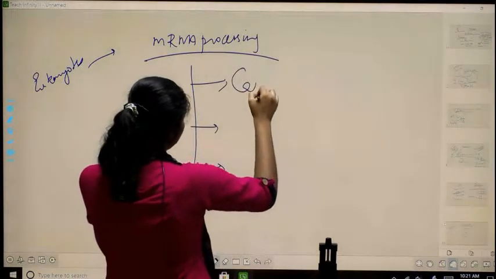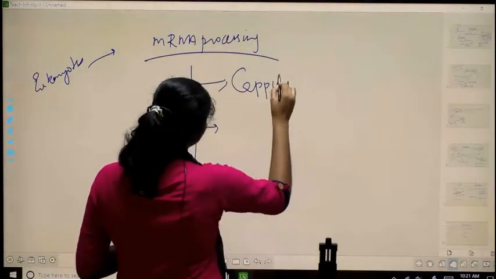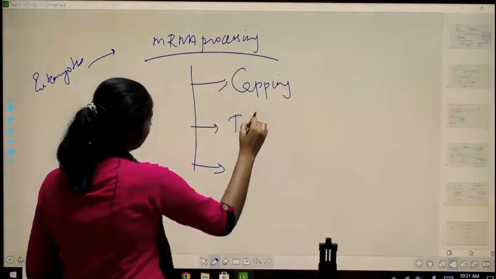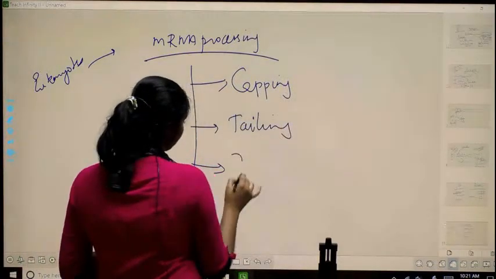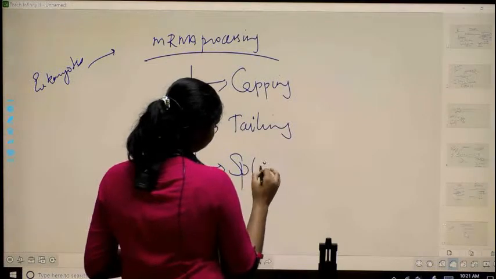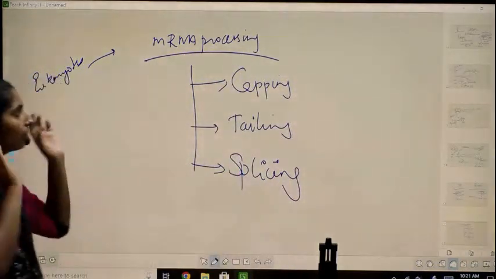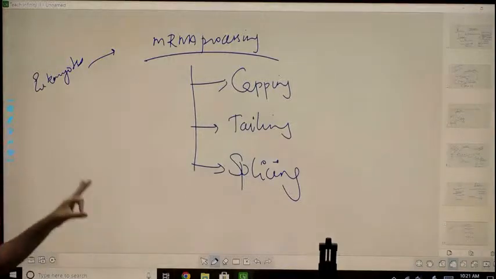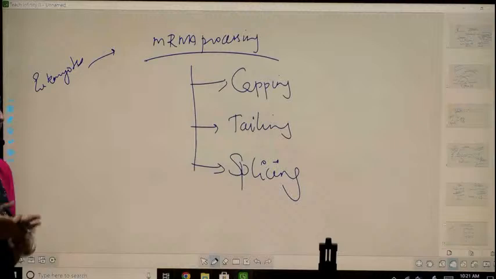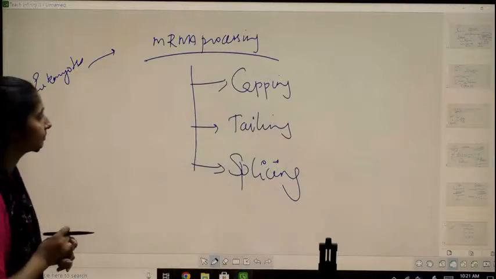There is capping, there is tailing, and then there is splicing. Okay. Let me repeat again. All of these three processes are seen only in case of eukaryotes. There's capping, there's tailing, and then there's splicing. Okay.